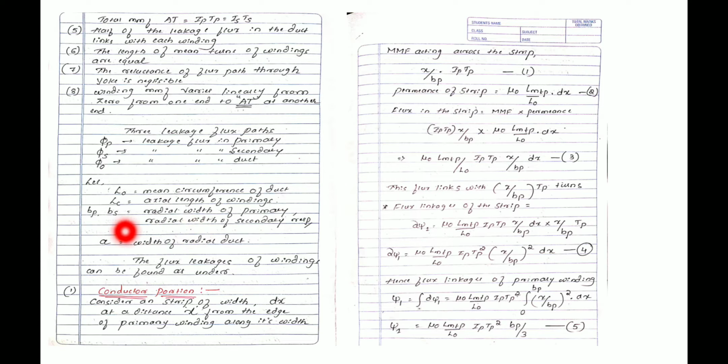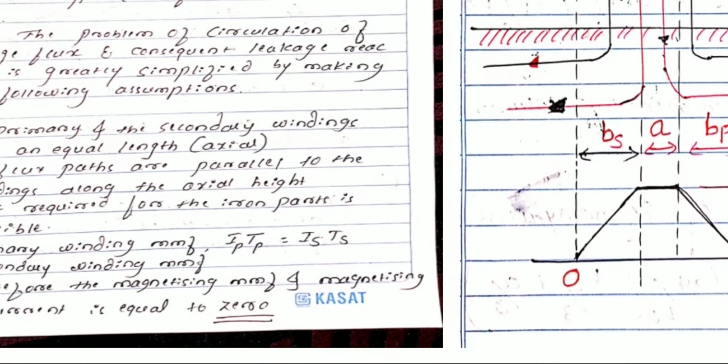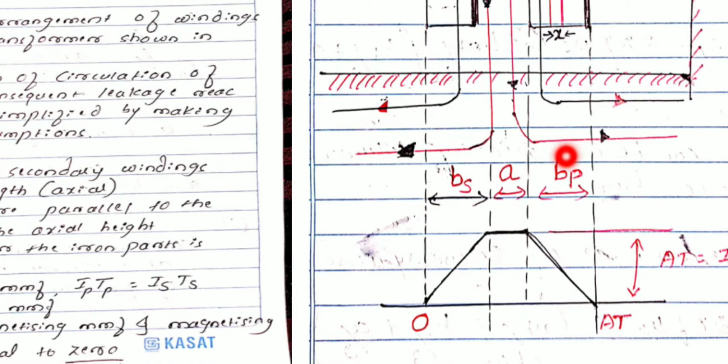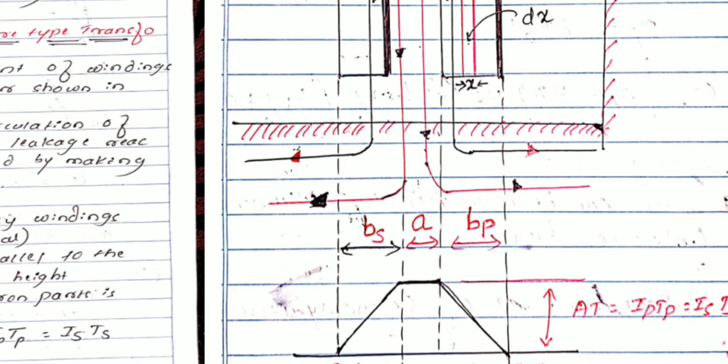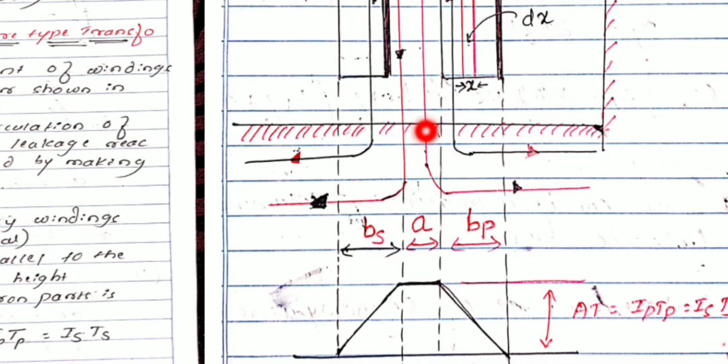Then there are two more terms, BP comma BS. BP, see here, this is BP, it is the radial width of this primary winding, and BS is the radial width of a secondary winding.